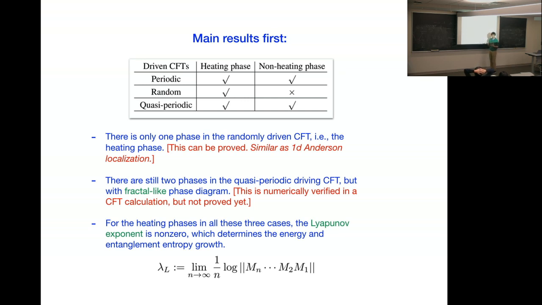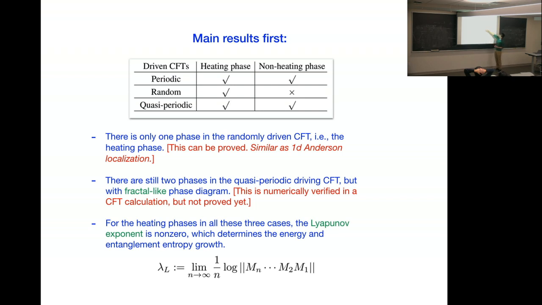The proof is almost the same as 1D Anderson localization. In 1D, there's only a localized phase. Also, in the random driving CFT, there's only a heating phase. We can prove this one, but for the quasi-periodic one, we only have some numerical calculation, but we don't have any proof.